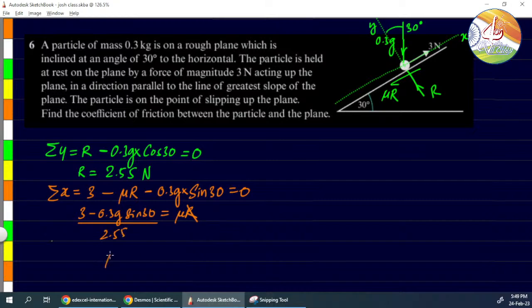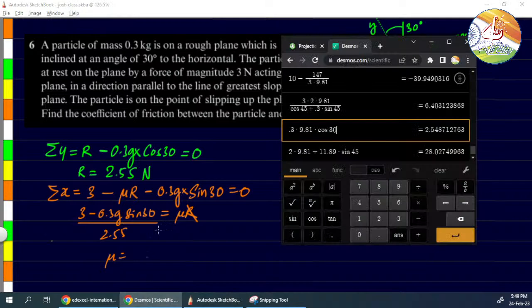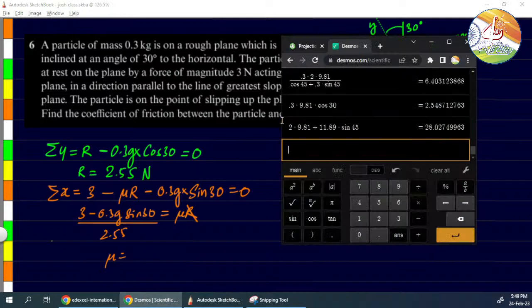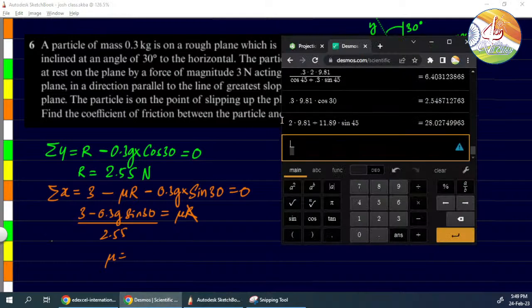So find the value of mu. 3 minus 0.3 into 9.81 into sine 30, divided by 2.55. We are getting 0.6.